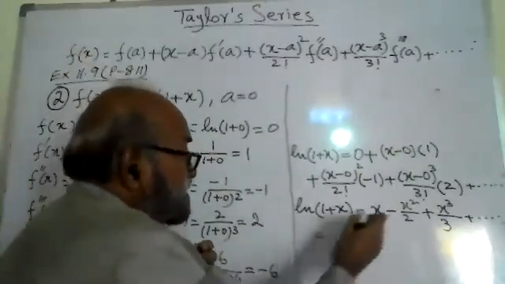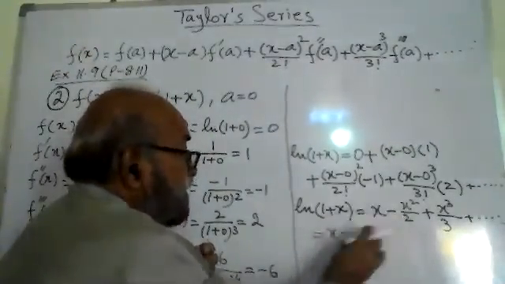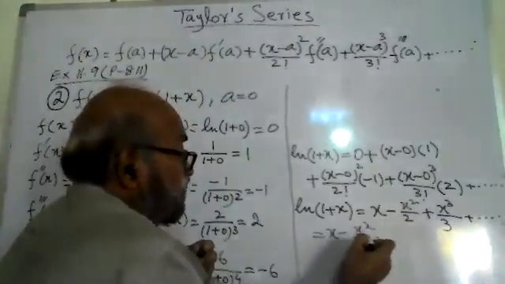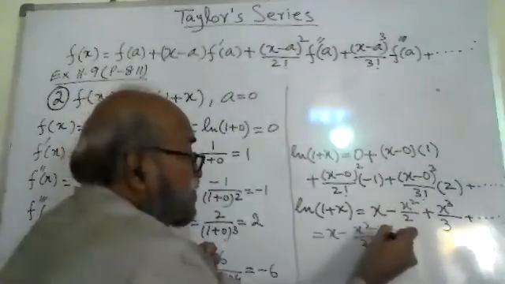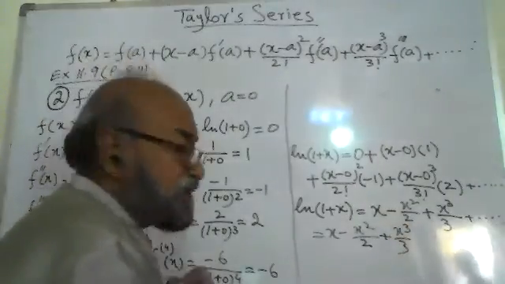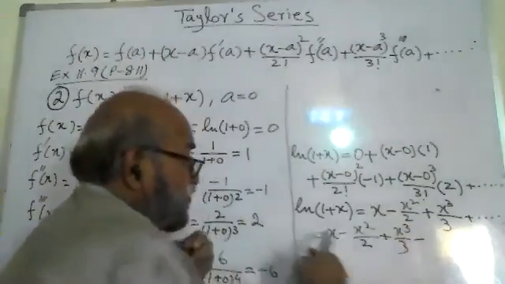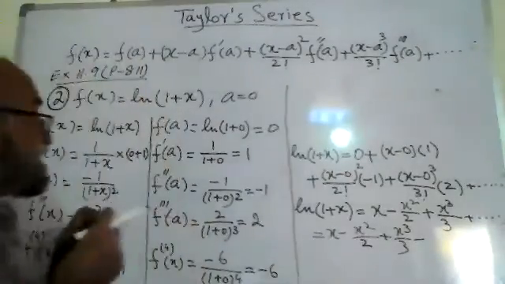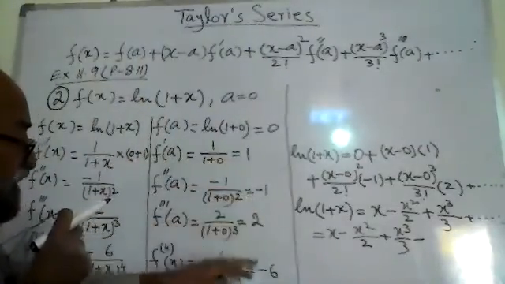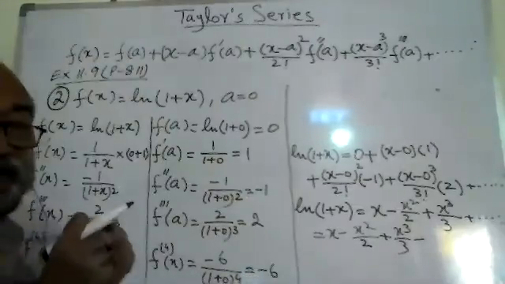The first term will be x, the second term will be x square upon 2, 2 factorial means 2. The third will be x cube upon 3. The fourth will be minus x4 upon 4. One positive, one negative, because the first derivative is positive, the second derivative negative, then positive, then negative, and so on.